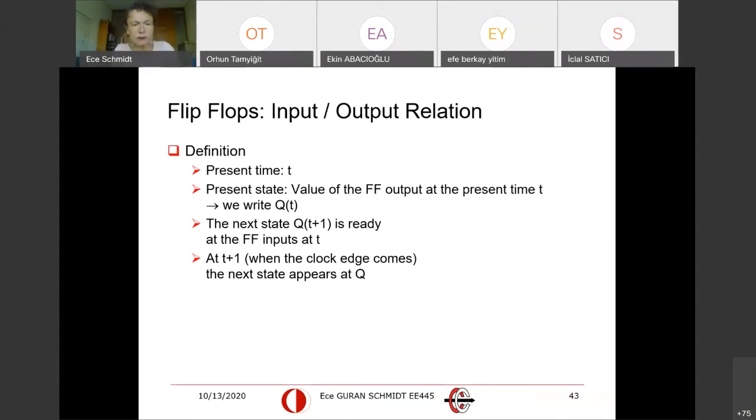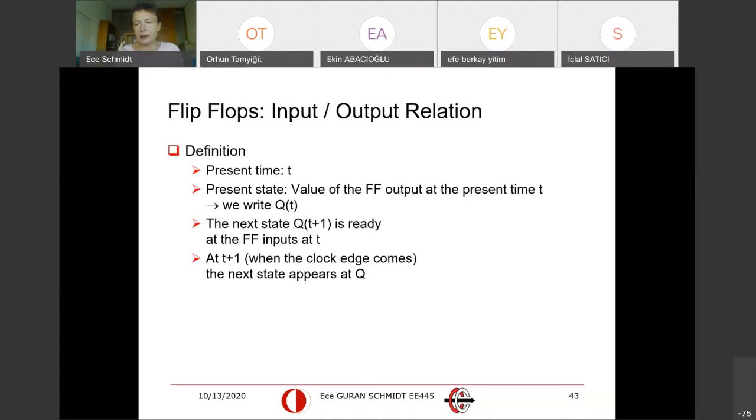So for flip-flops, I am storing a certain bit, 1 bit, in the flip-flop. It is what I see at the output. My present time is t. I'm counting clock cycles. I am in clock cycle number t. The present state of the flip-flop I denote by Q of t.